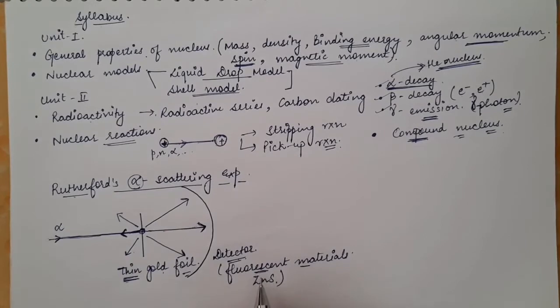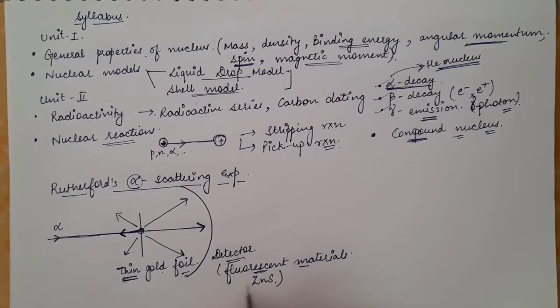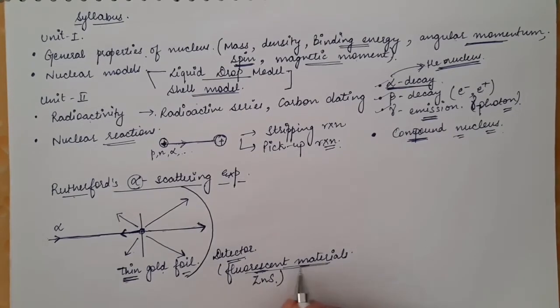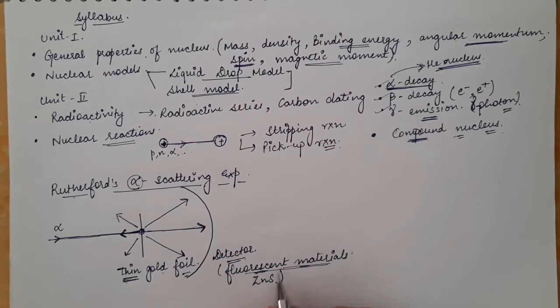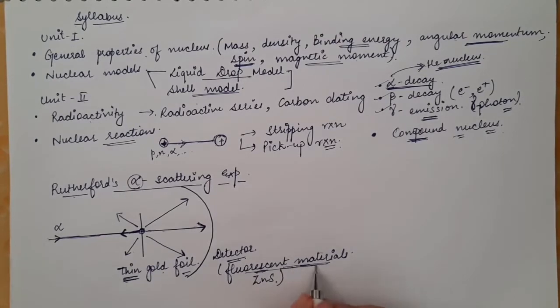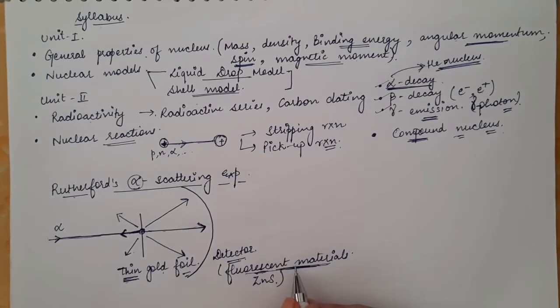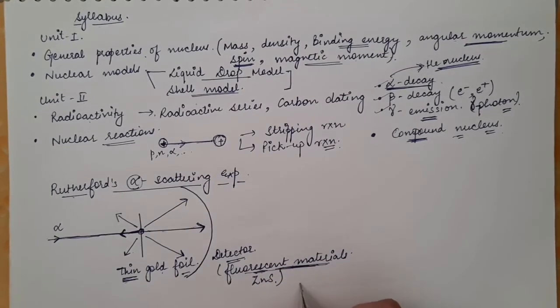Whenever an energetic particle, that is a particle with certain energy, strikes the atoms or molecules of these fluorescent materials, its energy is transferred to them, and those atoms or molecules absorb that energy and go to their excited state, and after some time, when they get de-excited to their ground state, they emit visible photons.